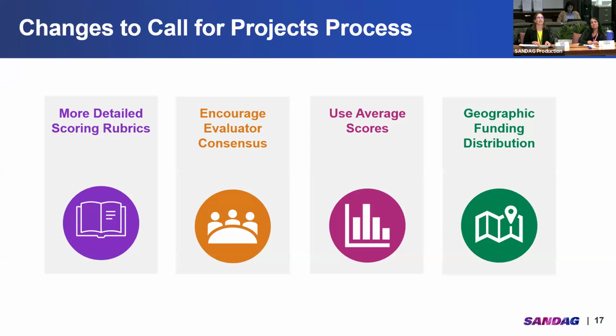And then lastly, we do have some other changes that we're proposing to make to the general process of how the call for projects runs. The main four are shown up here on this slide. So the first one is the Transportation Committee is really interested in us having a more detailed scoring rubric.